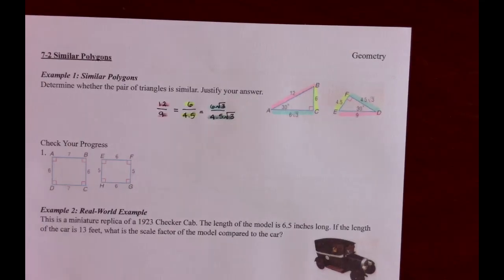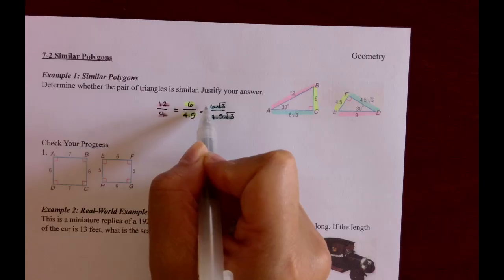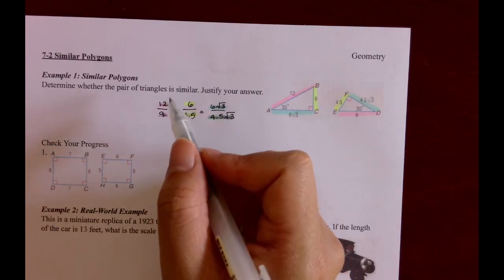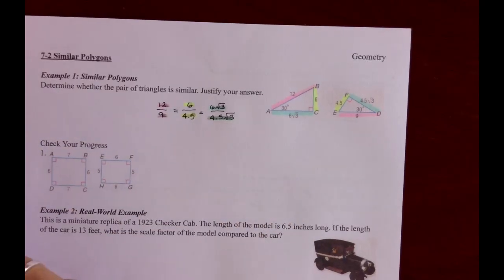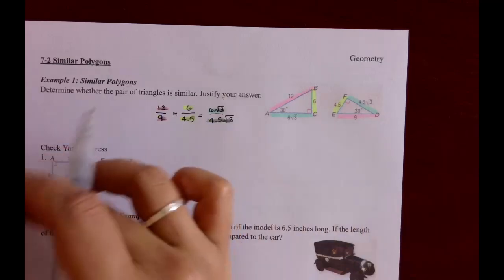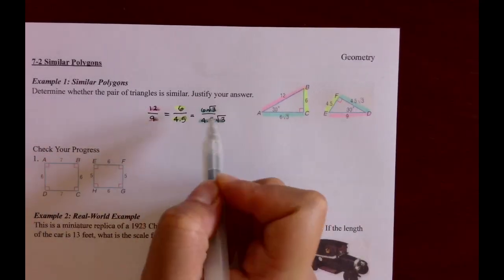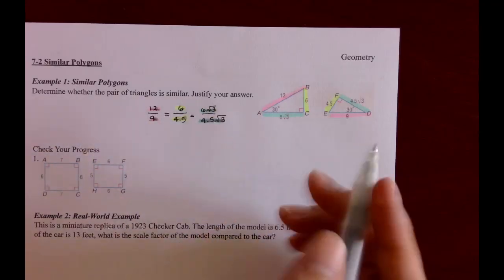Here I know that this and this is already proportional because the only difference is that it's multiplied by square root of 3. Then 12/9, how do we know if that's proportional? If I do 12 divided by 9, I get 1.3333, and if I do 6 divided by 4.5, I get the exact same number. So these are all equal, meaning they're proportional.